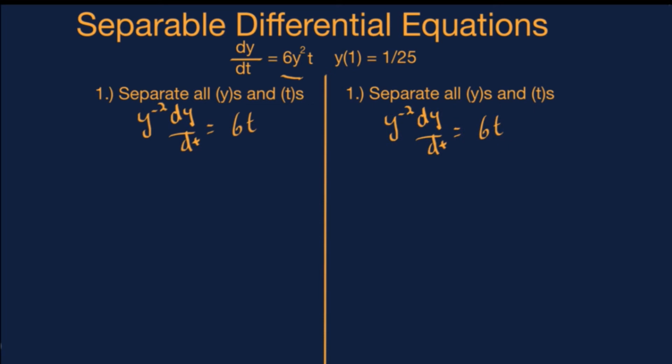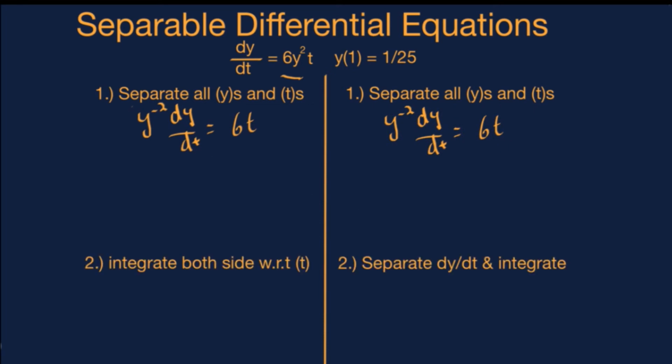Now the second step in the first method is to integrate both sides with respect to t. And so if we use the u substitution, then we would say that u is equal to y, and so du would equal the derivative of y dt. And so now on the left side of our equation, we can integrate in terms of u.